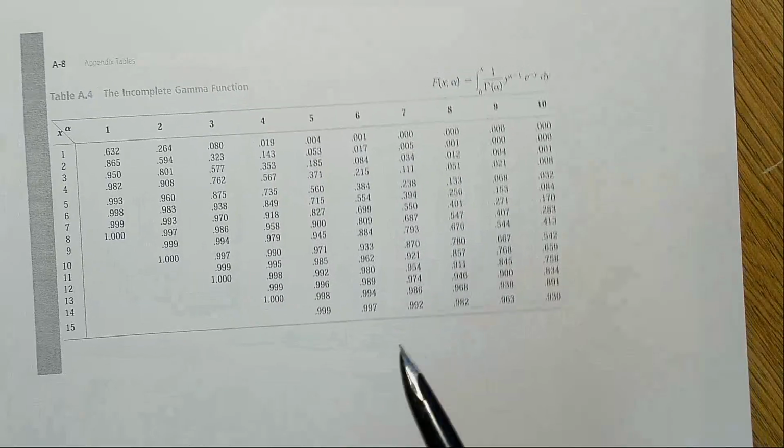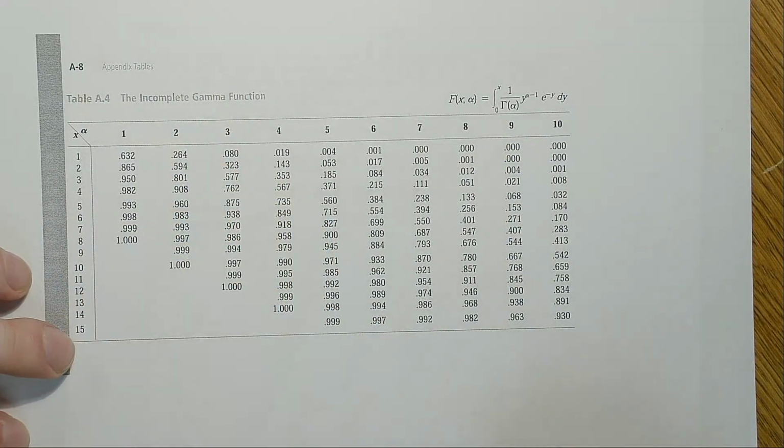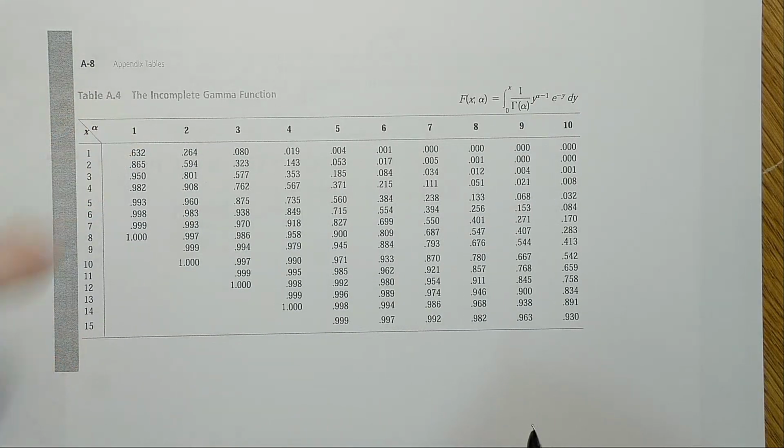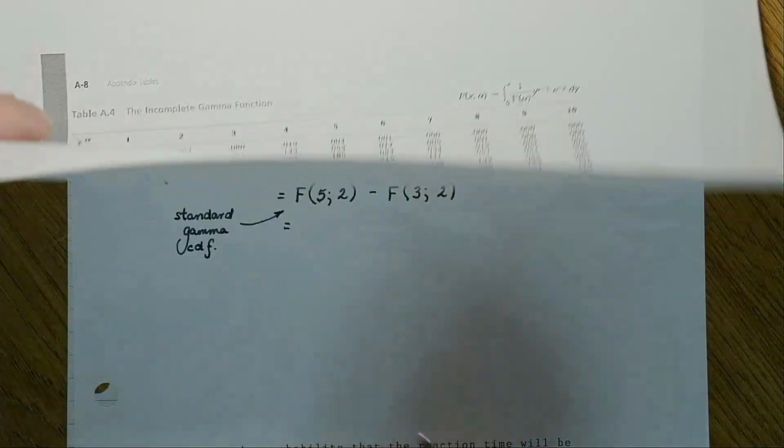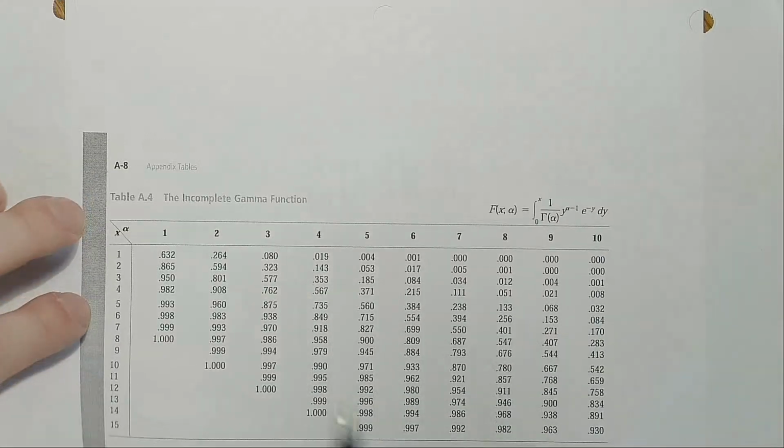So we can go back to our incomplete gamma function here, or this is our table A4. And so what I need to look up is 5. So x is 5 and alpha is 2.